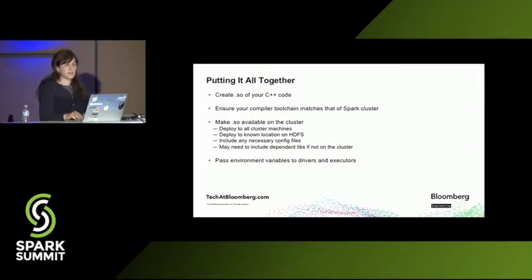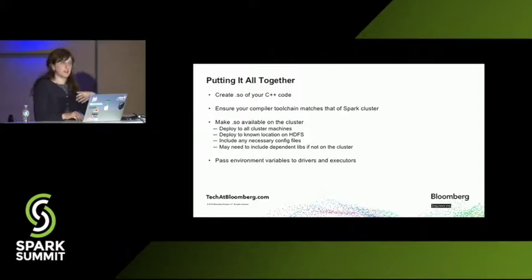And then you need to make your .so available. So you need to have it deployed to HDFS on the cluster or have it installed. In my case, because the cluster was owned by a team that was not my team, I wasn't able to just go and install my SO somewhere locally on the machines. In that case, that's why I was passing it as an archive through the rest of the executors.